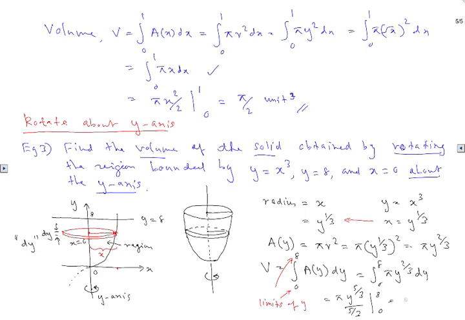Plugging in 8, you get 3 pi over 5 times 8 to the 5/3. Taking the cube root gives 2, and raising to the 5th power gives 32. So you get 96 pi over 5. That's the whole problem.